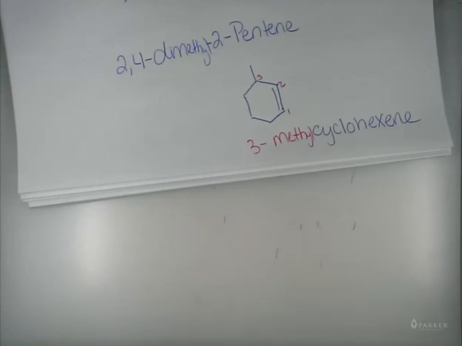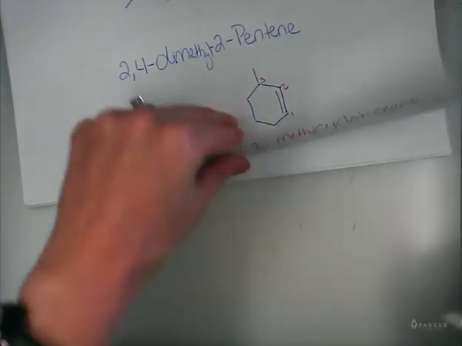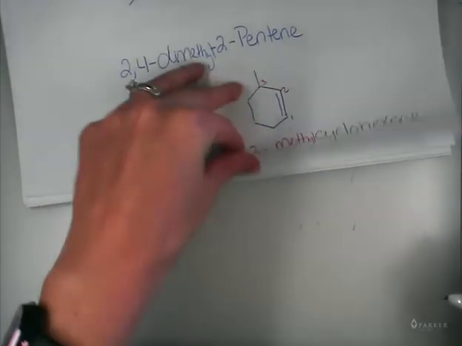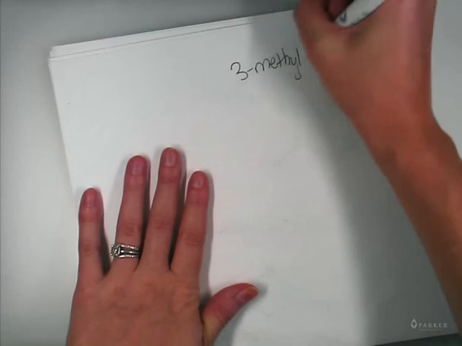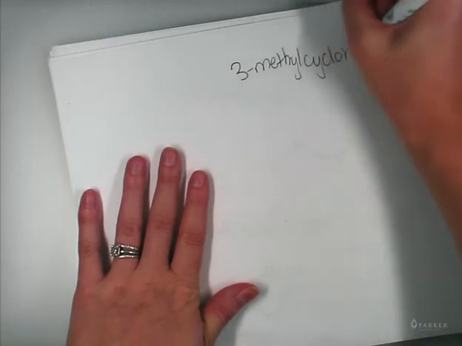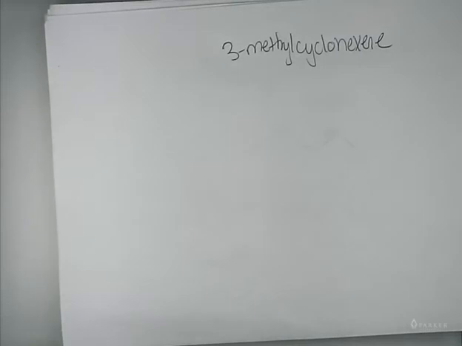So let's go backwards. Let's say I'm going to draw 3-methyl cyclohexene. Okay, so I go backwards.